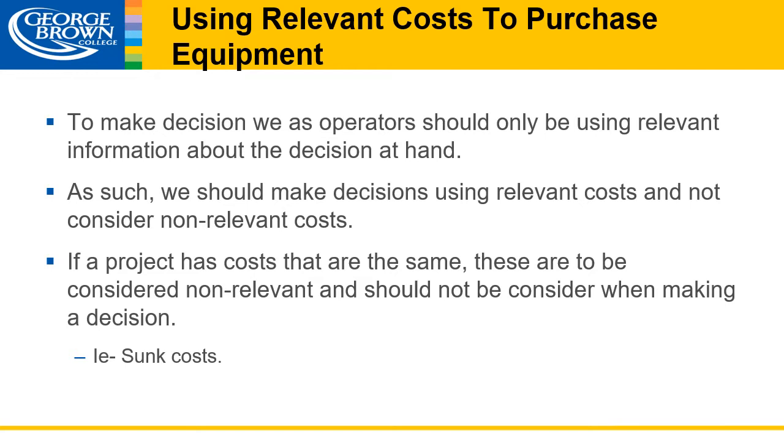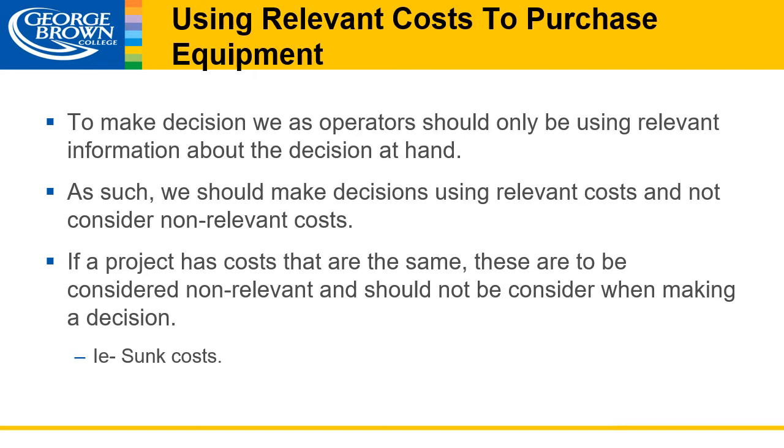In order to be making these decisions, you need to use relevant information, and as such, not consider irrelevant or non-relevant costs. If a project has similar costs or the costs are the same, these are considered to be non-relevant, sunk costs in a lot of cases, and they should not be considered when making a financial decision.